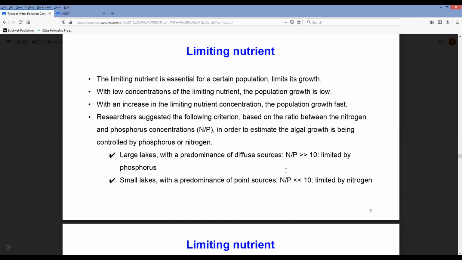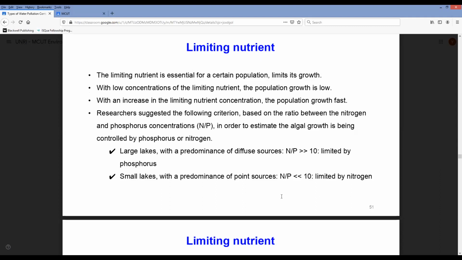For the larger lake, with the diffusion source, the ratio of nitrogen to phosphate is larger than 10, so it's limited by the phosphorus. For the small lake, with the point source of nitrogen and phosphate, the ratio is usually smaller than 10. This is limited by the nitrogen. Okay, next please.